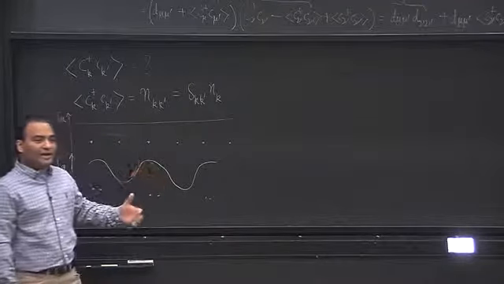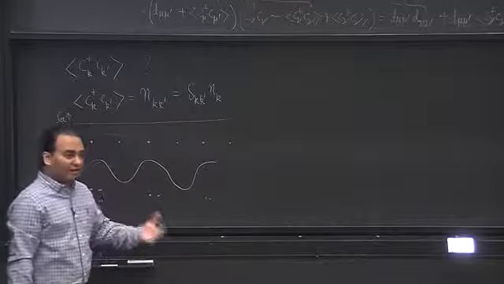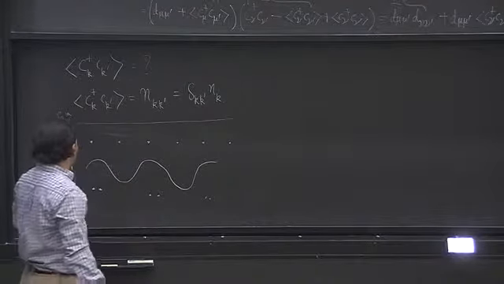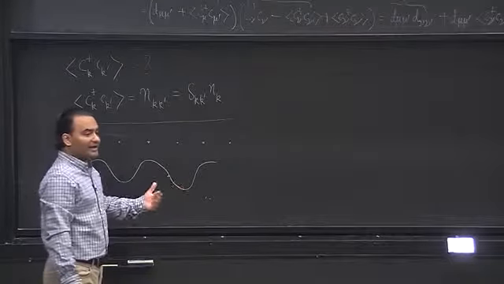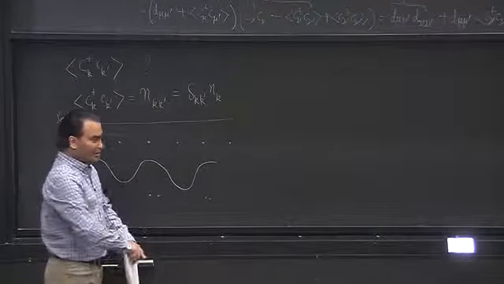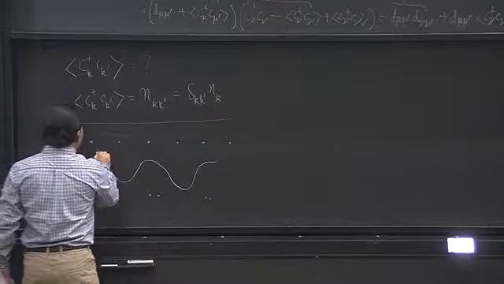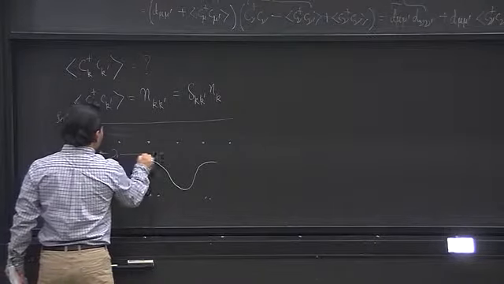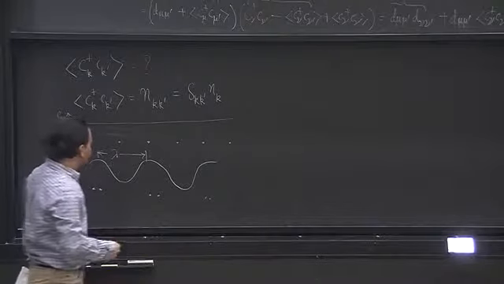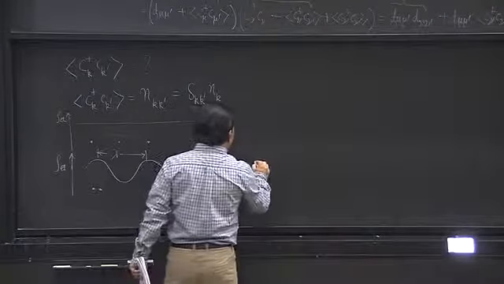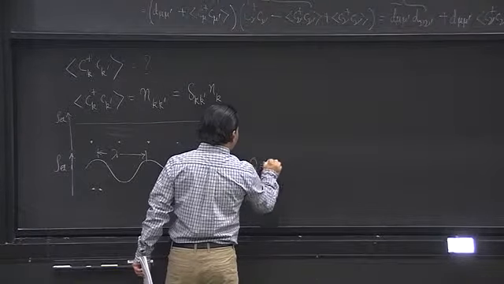So you could get a state, a ground state of the system, where the electronic density has a wave-like shape. And in this case, let's call this distance lambda. So the momentum corresponding to this, let's say, is q.